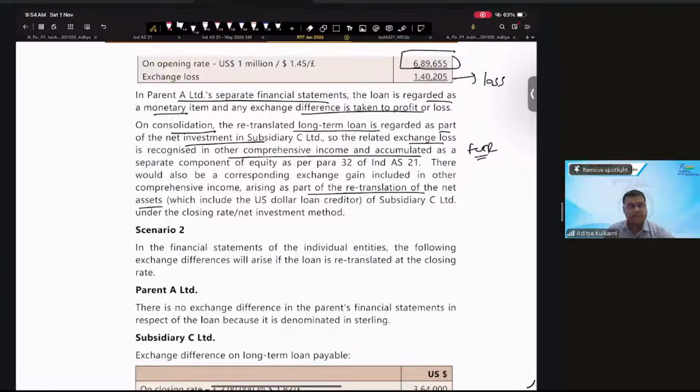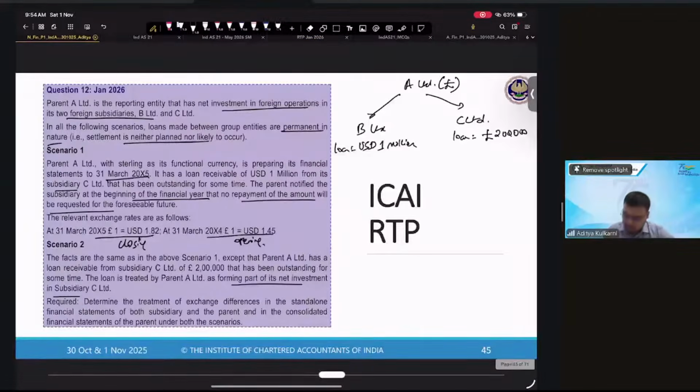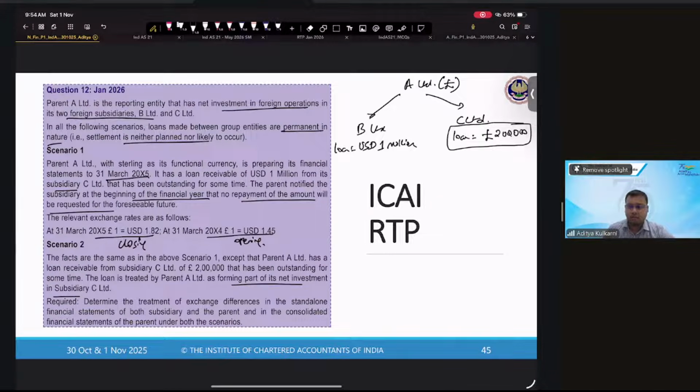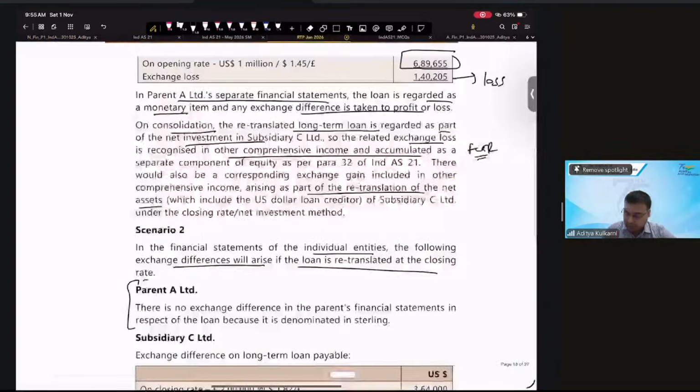Okay, that is fine. In the second case, in the financial statements of individual entities, the following exchange differences will arise. Parent, in this case, the loan is in pounds, right? Look at the question. The loan is in pounds. So therefore, for A Limited, that is the functional currency, there won't be any exchange difference.